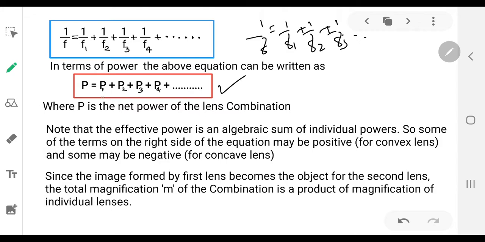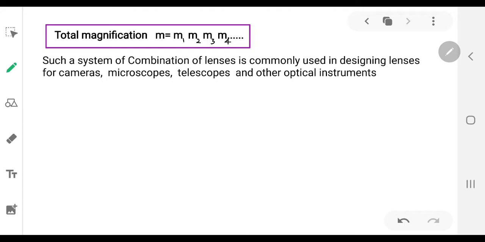Here, in terms of magnification, the total magnification is the product of the magnifications. It is because the image produced by the first lens acts as the object for the next lens. For example, if you take a lens with magnification 3 and we are placing an object of 1 centimeter in front of it.